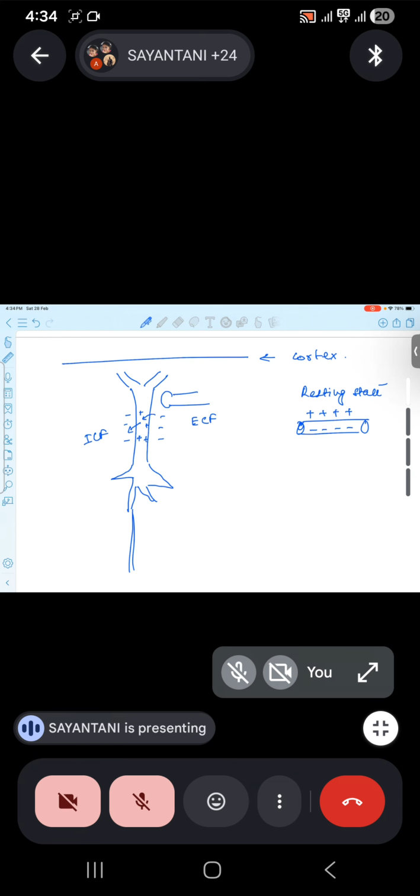Now, this particular arrangement where outside becomes negative and inside becomes positive happens only at the place where the synapse has taken place, right? But the adjacent region where the synapse has not taken place is still at the resting state. So, outside was positive and inside was negative.